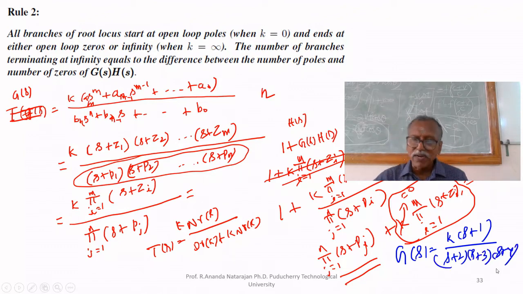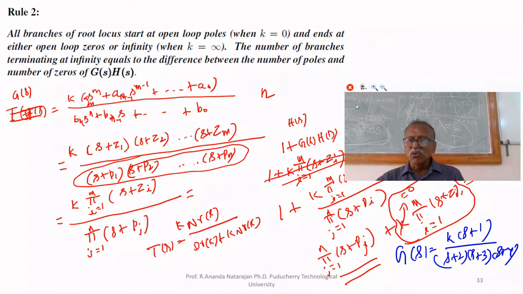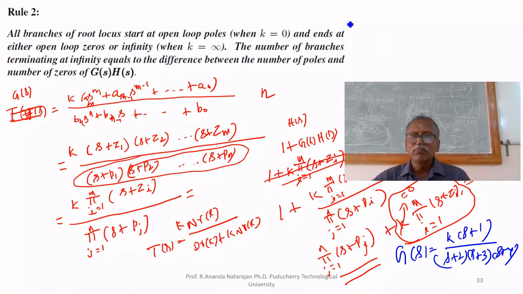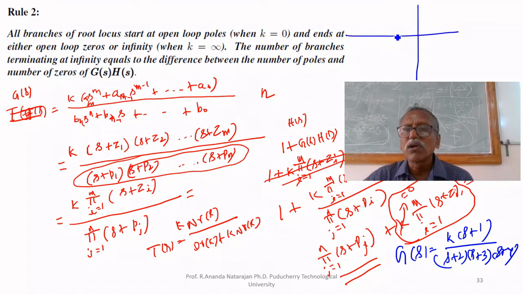When k equals 0, it will start at the open loop poles. Where are the poles? One pole is at minus 2, another at minus 3, another at minus 4. Here, the root locus branches will start.